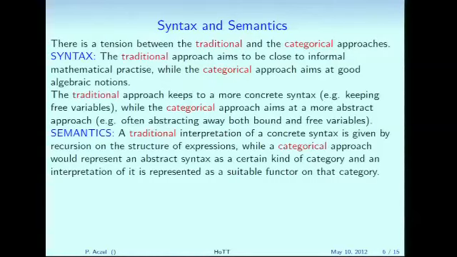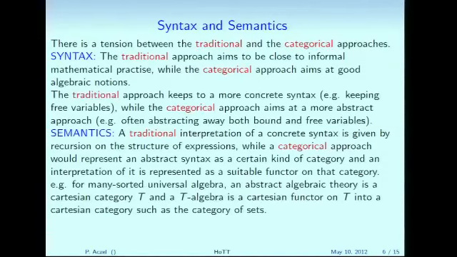Semantics, the traditional interpretation of concrete syntax, is given by recursion on the structure of the expressions which have been inductively generated, while a categorical approach would represent an abstract syntax as a certain kind of category, and an interpretation of it is presented as a suitable functor on that category. For example, for many-sorted universal algebra, an abstract algebraic theory, category theorists often would take to be simply any Cartesian category.